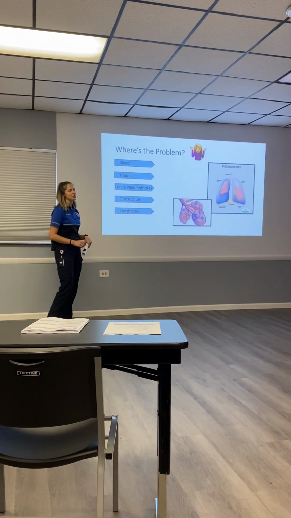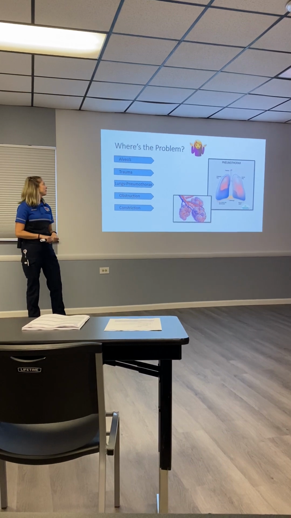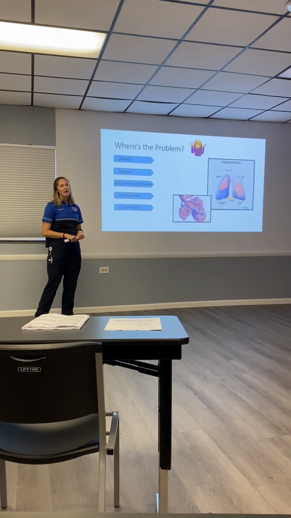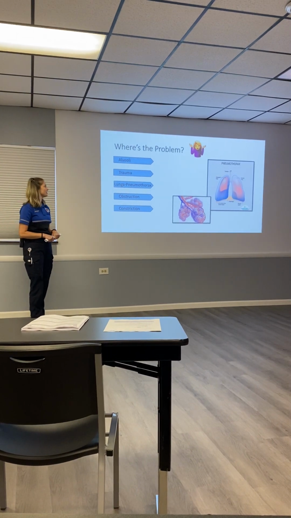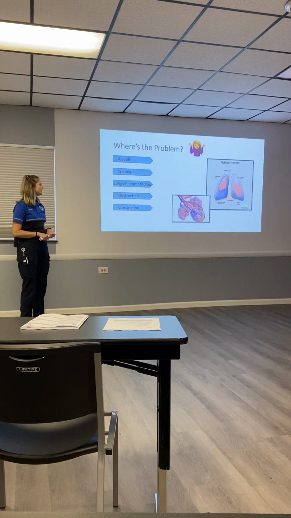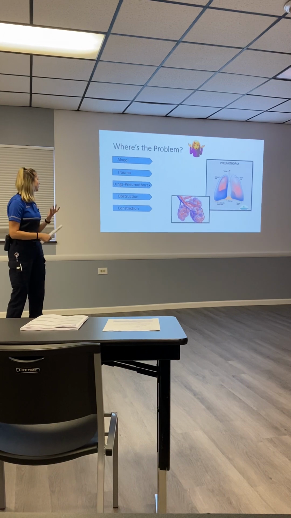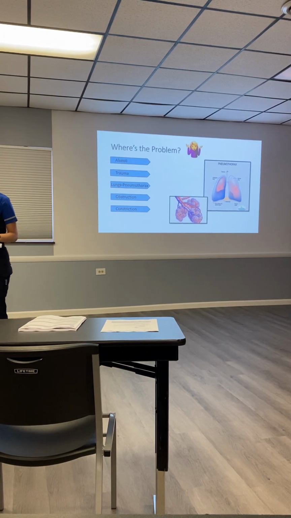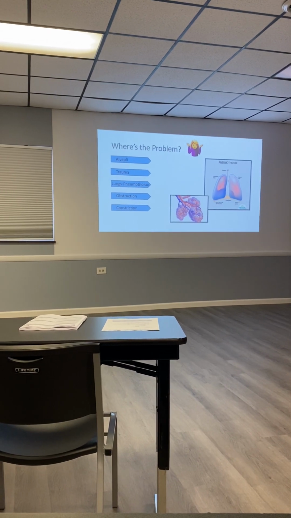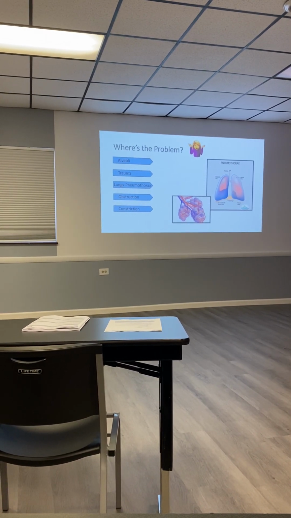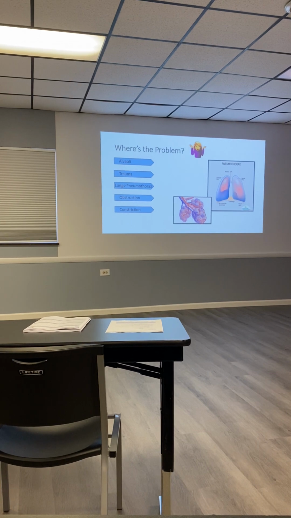Is there some type of constriction? Is there some type of trauma to the airway? And if there is, where is it? Because that's going to adjust how we're going to treat the patient as well. And then any pneumothorax or wherever that is, it's just more things that we have to consider, and so we can treat our patient.